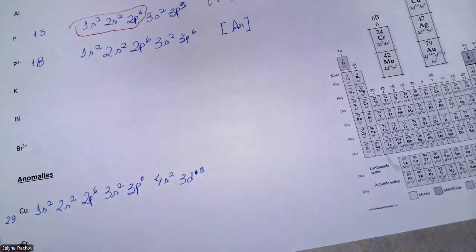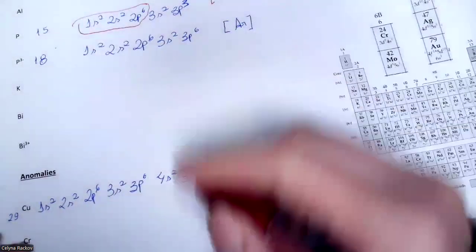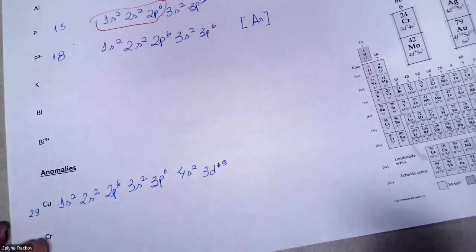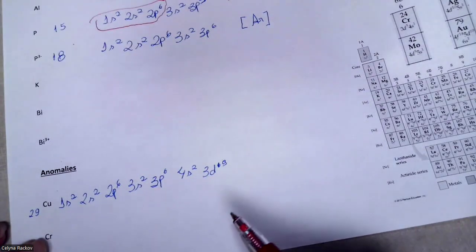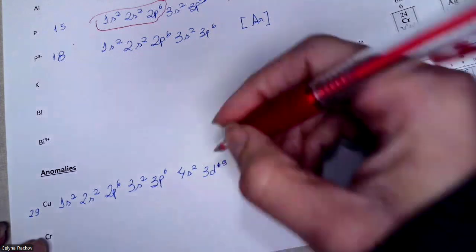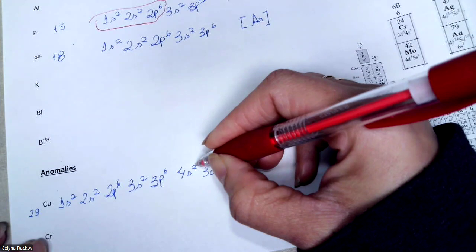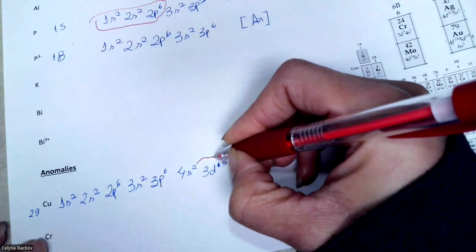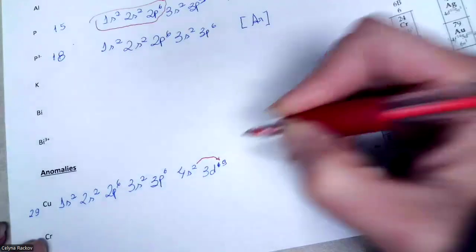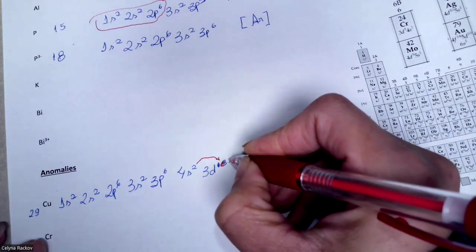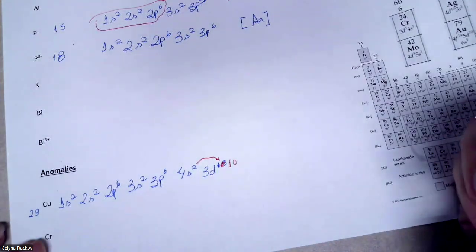What's happening here is the anomaly: the copper will be more stable if it is completely full. The orbitals will be completely filled or half filled. That is the case here. The 4s2 will be 4s1 because the d orbital changes from 9 to 10 electrons.